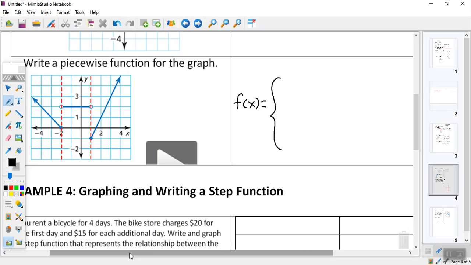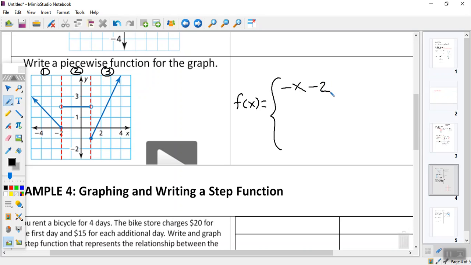If I follow this line, keep going down, 1 over, 1 down, where's this going to hit for a y-intercept? -2. And how about the slope of this line on the far left? -1. I call this section 1, section 2, section 3. The part on the far left has a slope of -1, so I call it -x. Where would that intercept be if I followed it again? -2. Yeah, good.